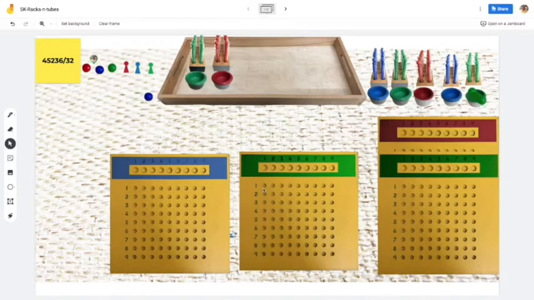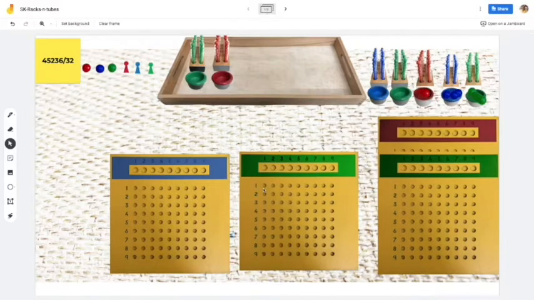Then we need to take 3 tens and put it in the tens bowl. Then taking 2 red 100 beads, we need to keep those beads in the red color 100 bowl.